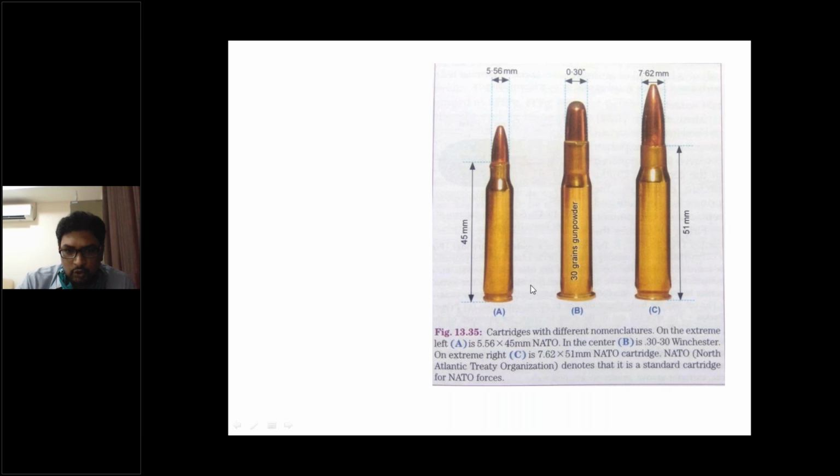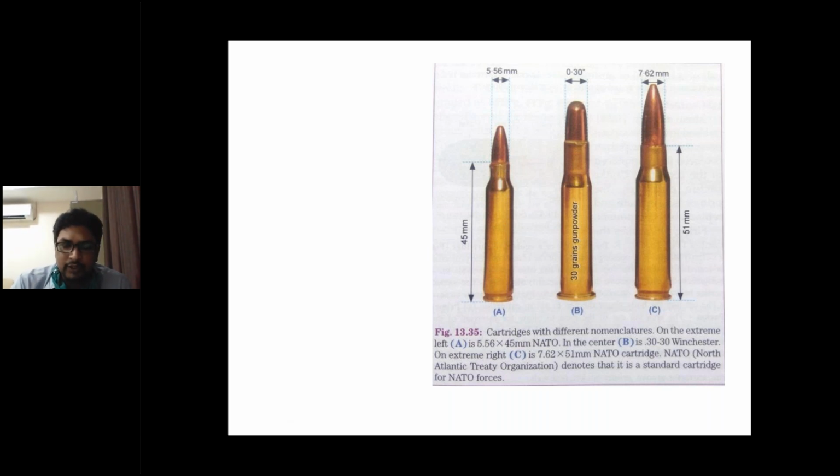So this is the whole cartridge. I told you the difference between a cartridge and a bullet. You can see here the terminal dark copper-colored part is the bullet, and the rest of the thing is the cartridge. The cartridge contains the bullet, so the whole thing will not move when the firearm is fired.